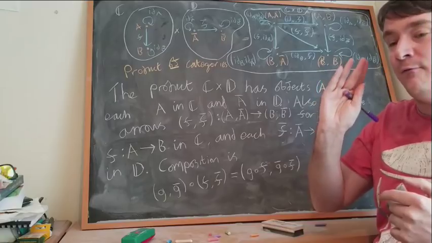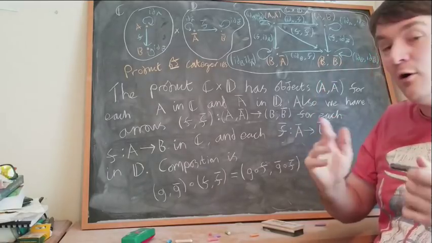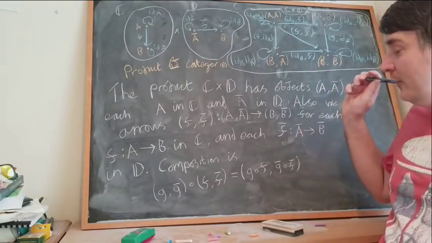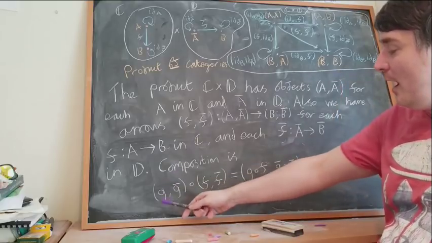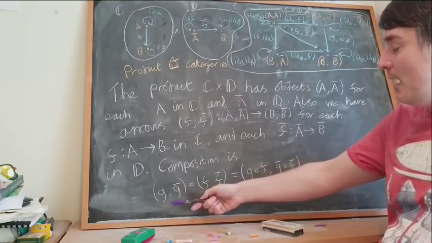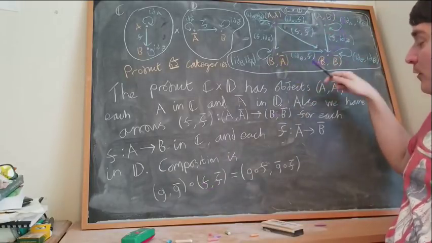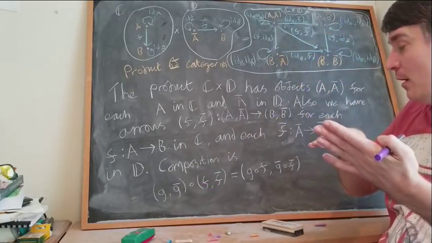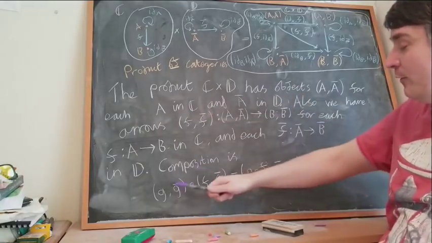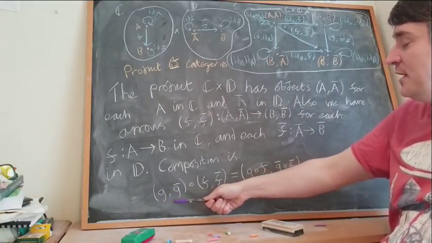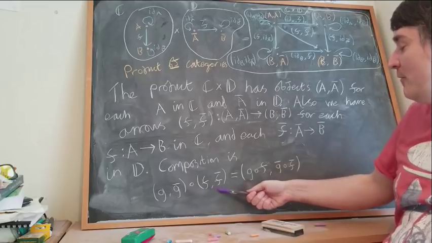And it's very straightforward, actually. It's remarkably straightforward. So let's say we have an arrow G comma G bar and an arrow F comma F bar in this product. And we want to compose those together. So we want to find out what is G comma G bar after F comma F bar.